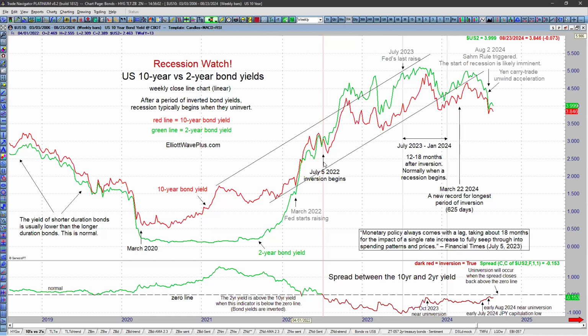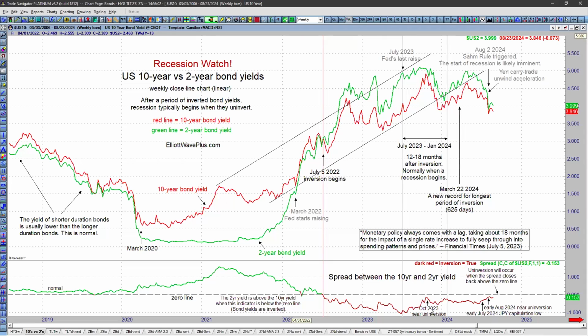Most recessions will start with about a 12 to 18 month lag after inversion starts. So that's between July of 2023 and January of 2024. That would have been where a recession normally would have started if it was going to be somewhat average.